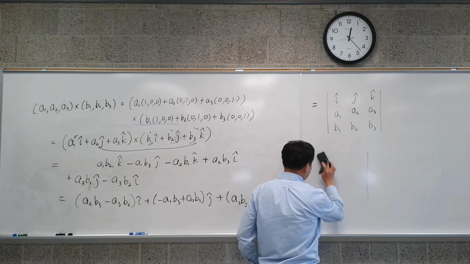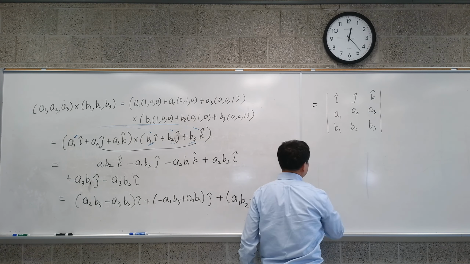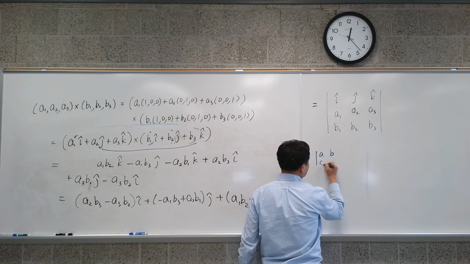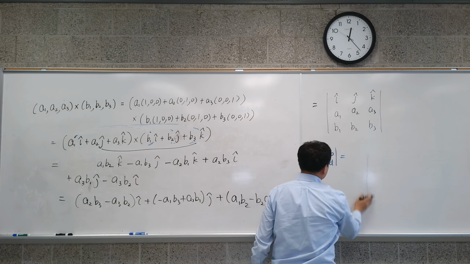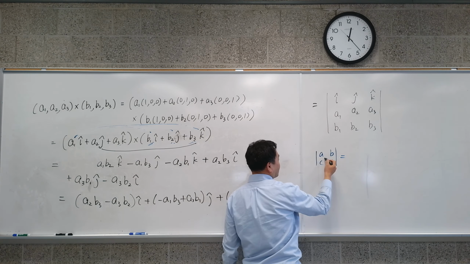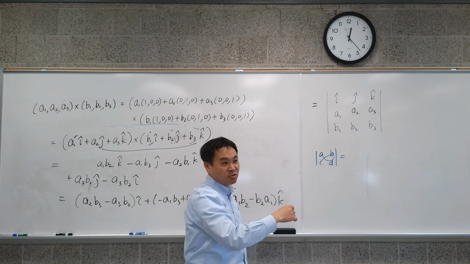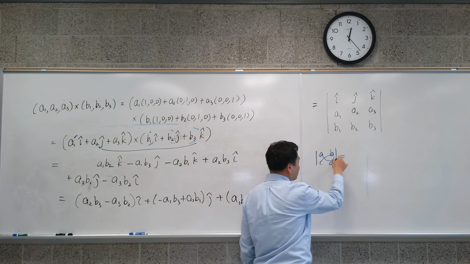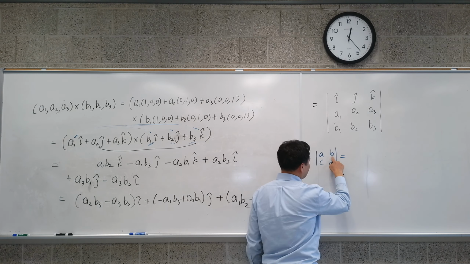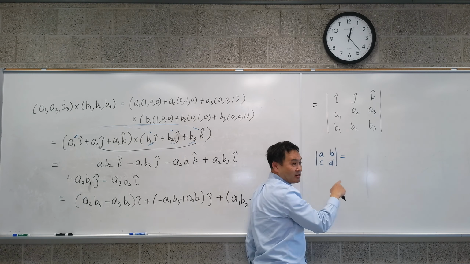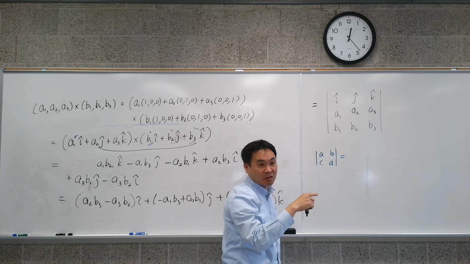Well, first of all, the determinant of 2 by 2 is like a fish shape, okay? And by fish shape, I mean it's like AD minus BC. Okay? You do this. That's how you do the determinant of two things.